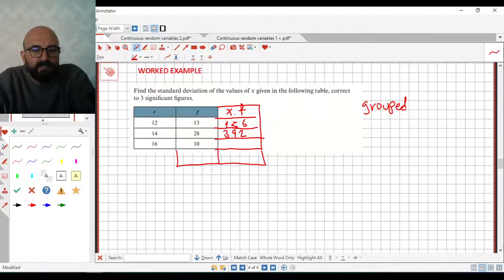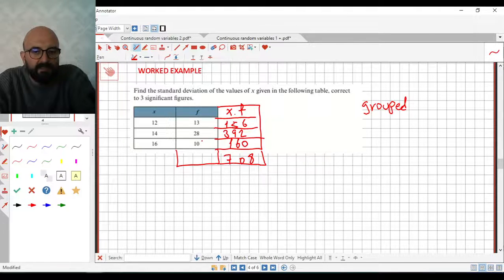And 16 multiplied by 10 is 160. The sum of x multiplied by frequency is 780.